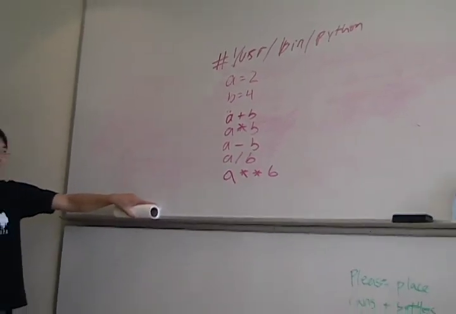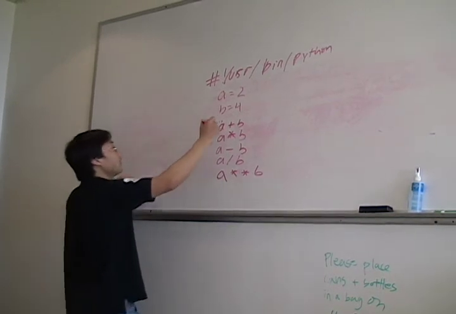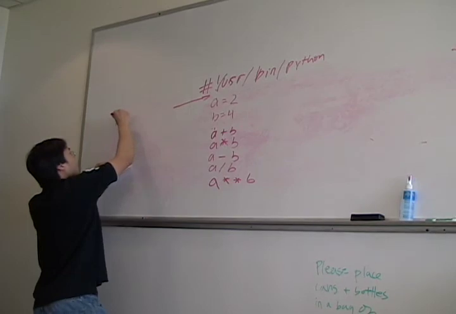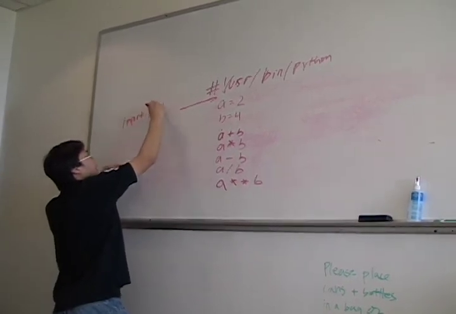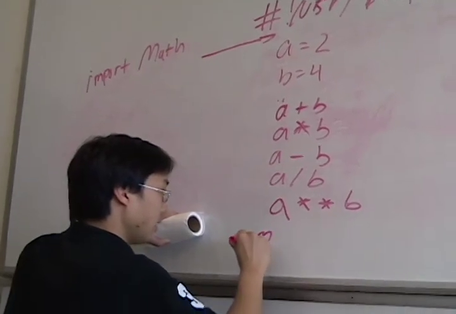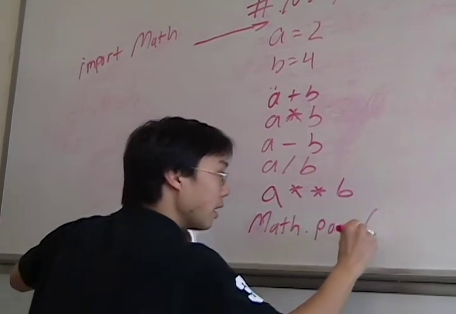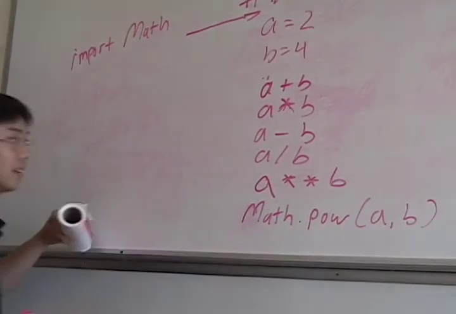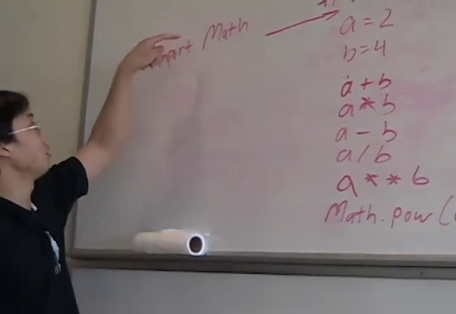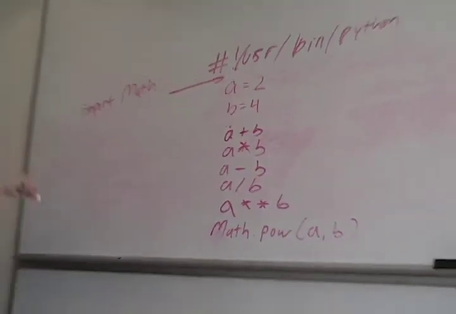Another way of getting the power is to import the math library up here, and then you can do math.pow(a, b). But technically, I think the first is a lot easier; this has more grunt work. We'll focus more on the math library later on.